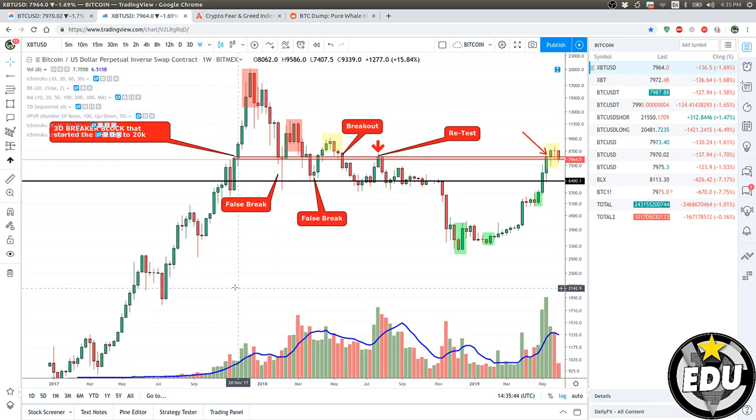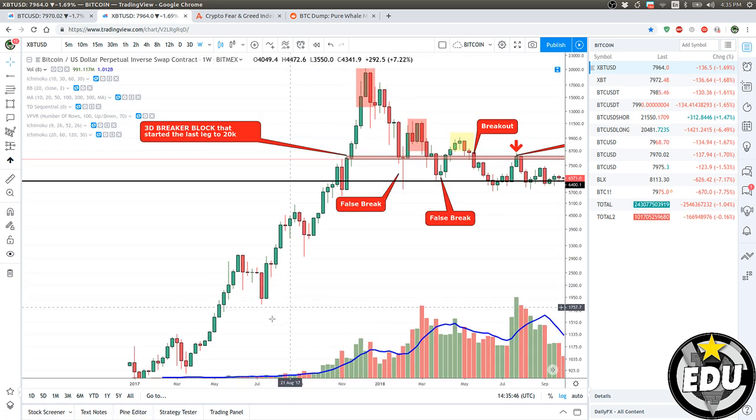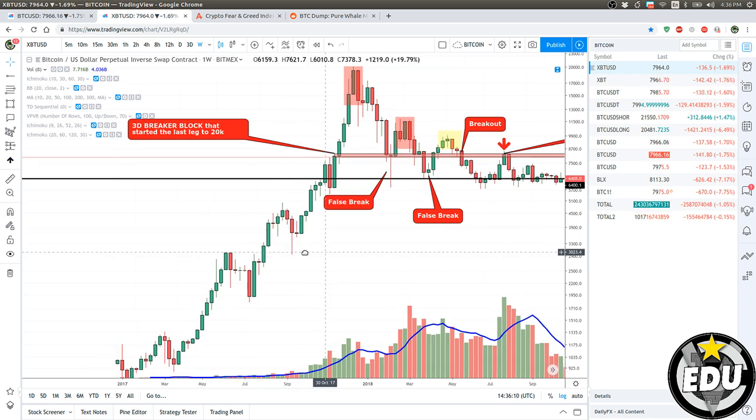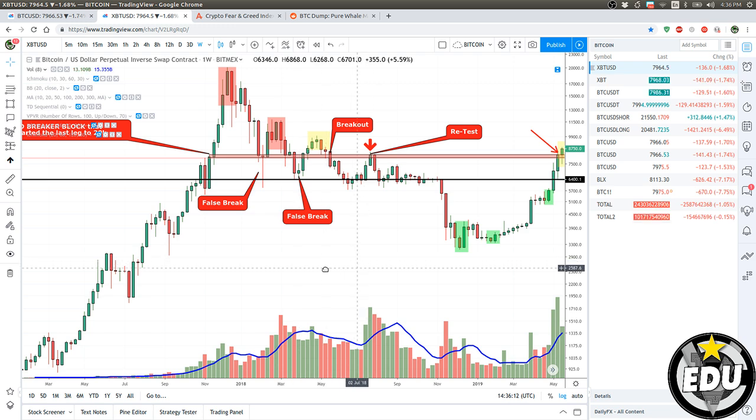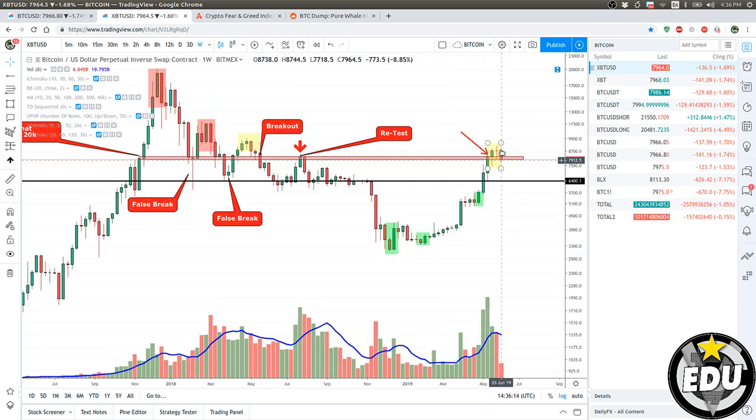Let's see. August, so right here, yes, but it was followed by a green candle. There was a double top, a spinning top, but it was followed by a green candle. In this case, it's followed by a red candle. That's why I don't want this red candle to close red. I would like it to go up and close different. Okay.